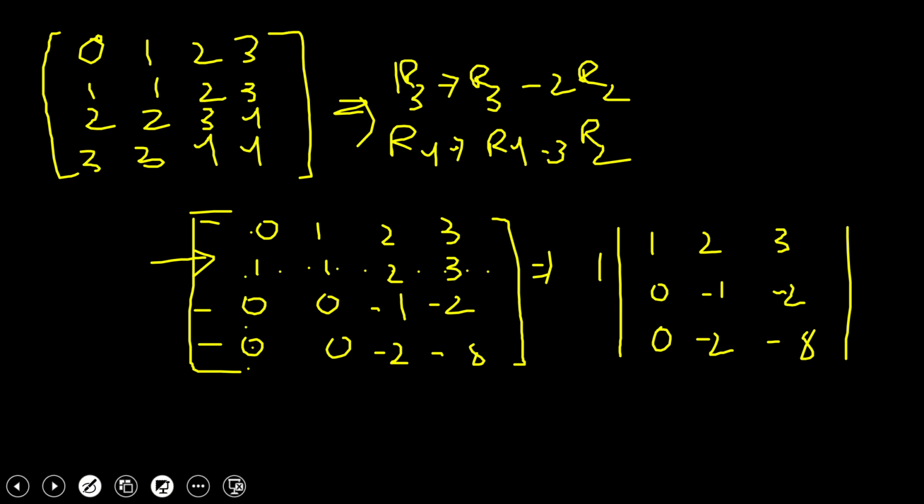Let me see if I have made any mistake. Yeah, 4 minus 9, it is not 8, it is minus 5. Sorry, please check it, students. It is minus 5.